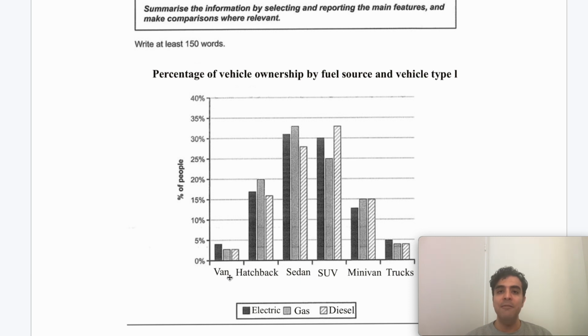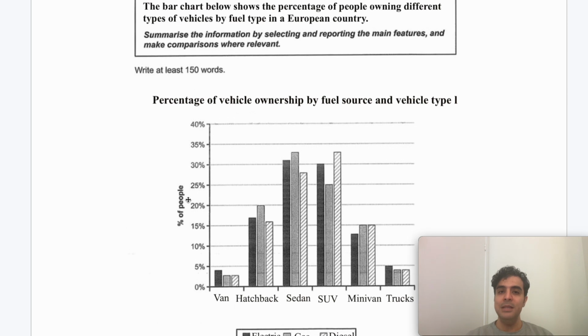So if we're looking at vehicles here on the horizontal axis, we can see different categories, different classifications, different groups of vehicles. The vertical axis, which you can see here, this time similar to the line graph, represents data amounts or quantities. In this case, it's percentage of people, right?